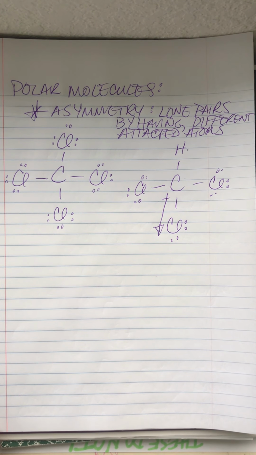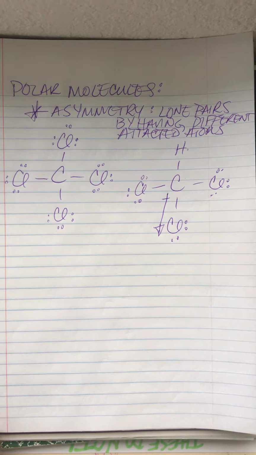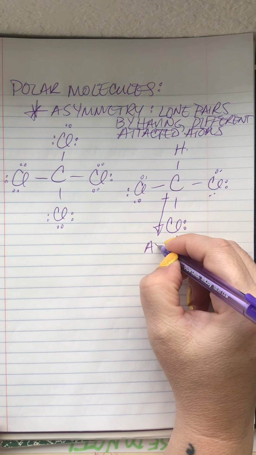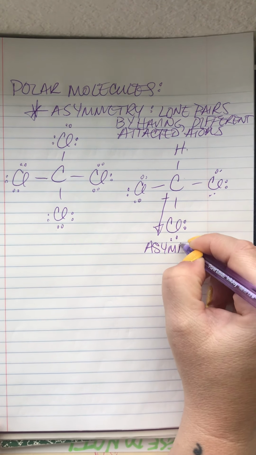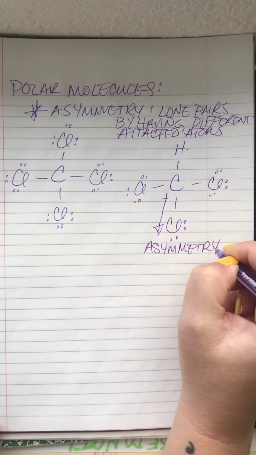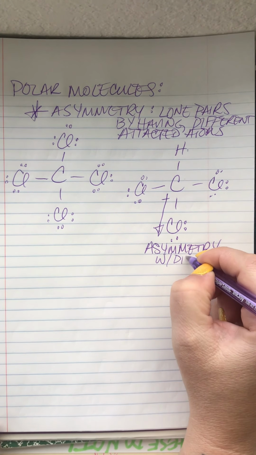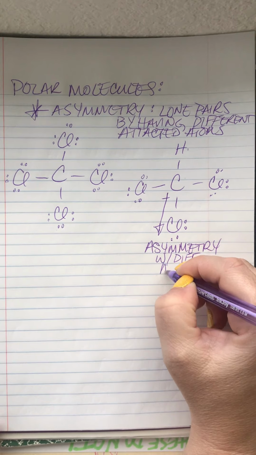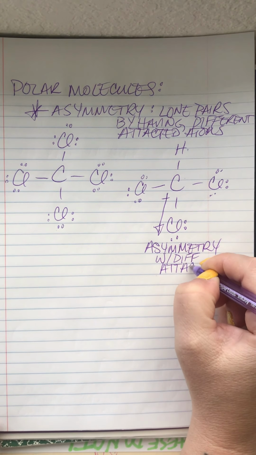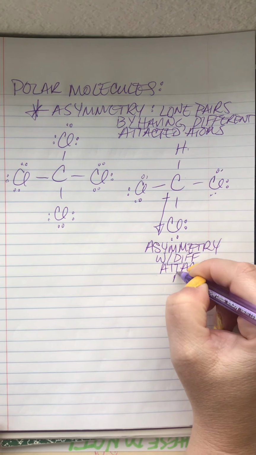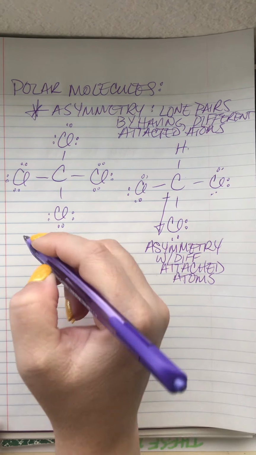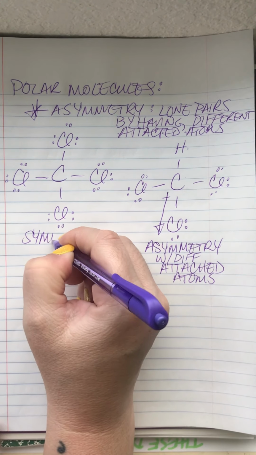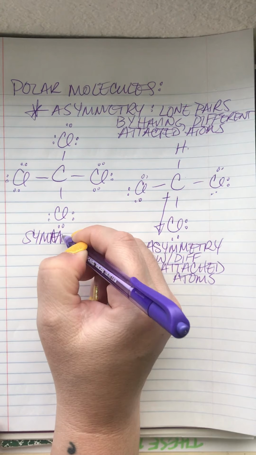So only the one on the right is asymmetrical? That's correct. So we have asymmetry with different attached atoms, and this one is symmetric.